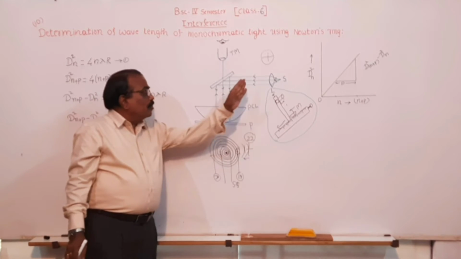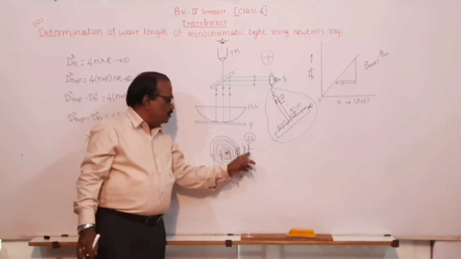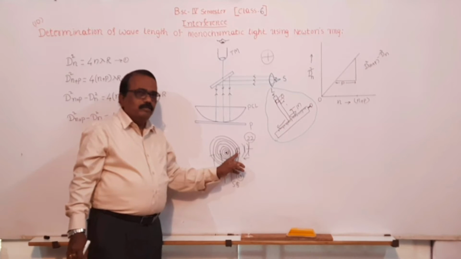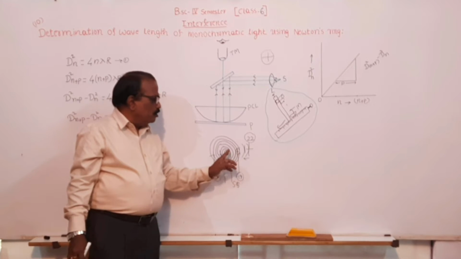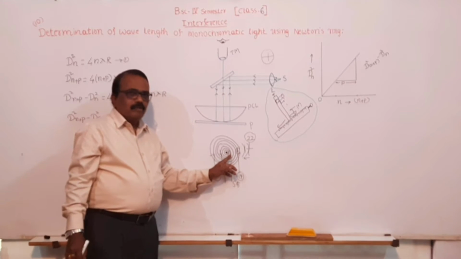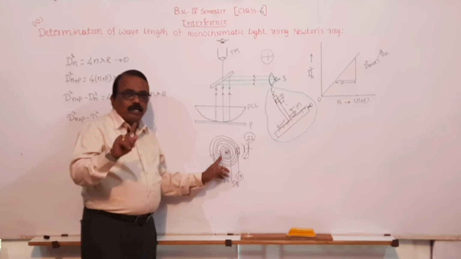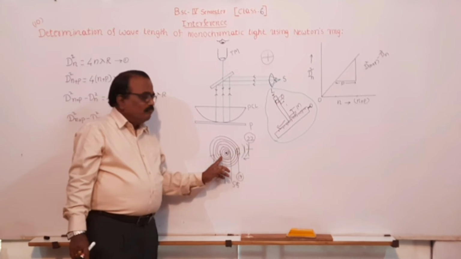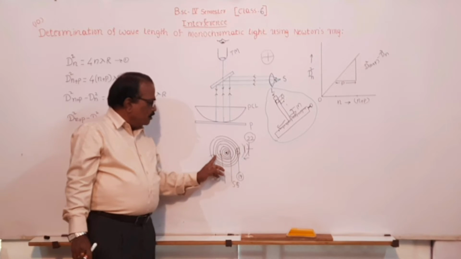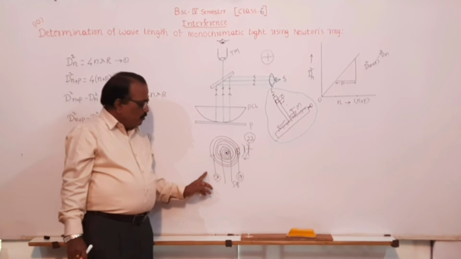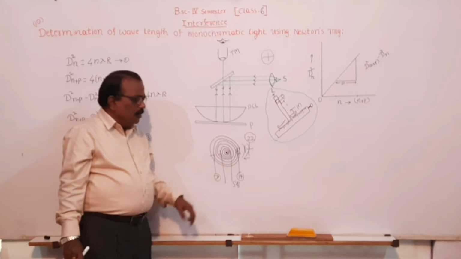Then that cross wire is brought by rotating this to the 19th. Then counting started from 19th to 5th. Then move it from 5th to the other 5th, don't take any reading. Then 5th, 6th, 7th, 8th, 9th, like this, you have to bring it to the 19th.